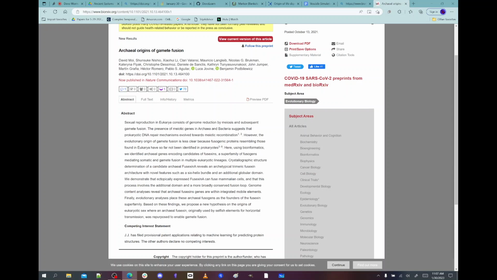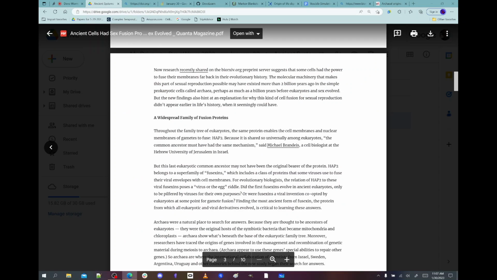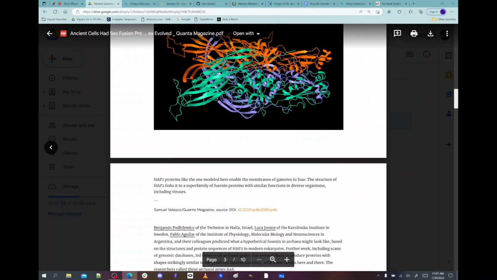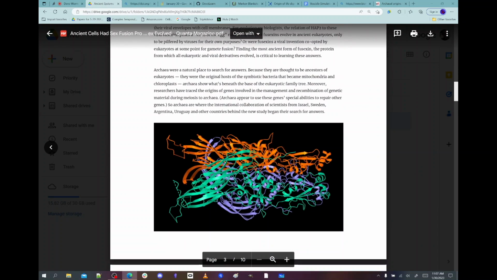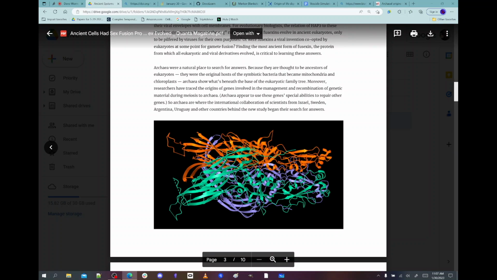So there are these horizontal gene transfer elements in archaea and bacteria that are selfish elements. They transfer within the cell, and they're able to transfer to different cells and fuse together. And this is something that then was repurposed for sex. And so now, if we go back to our article, you see here's an example of the assays that they did.